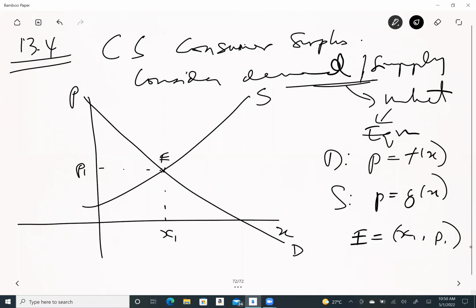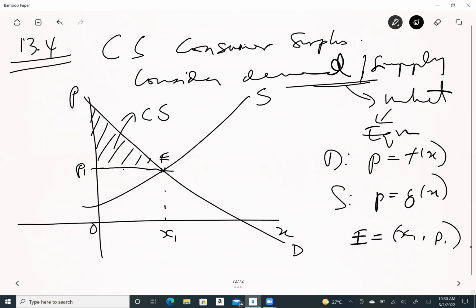Now, what is consumer surplus? So that is P1. Consumer surplus is this area. Call it CS, the area under the demand function above the market price. From where to where? From 0 to X1. So that is the consumer surplus.